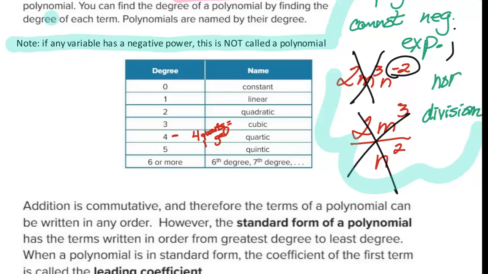Okay? Quintic is 5, and they're like, this is ridiculous. We can't keep coming up with new names. So instead, when you get to 6 or more of the degrees, they just say, we're going to call it a 6th degree polynomial or a 7th degree polynomial. Okay?